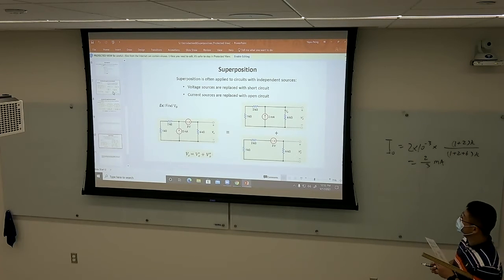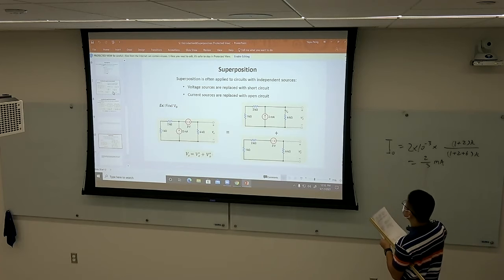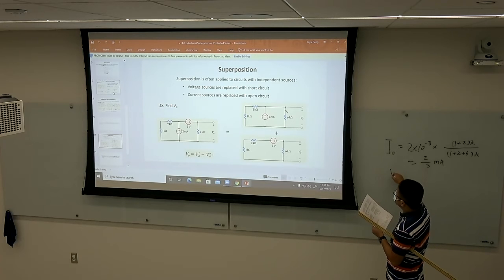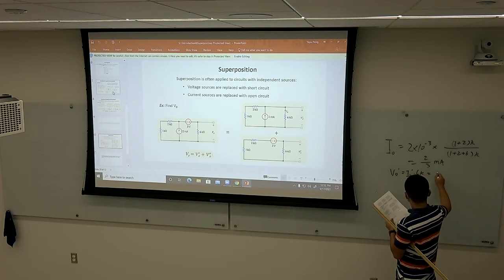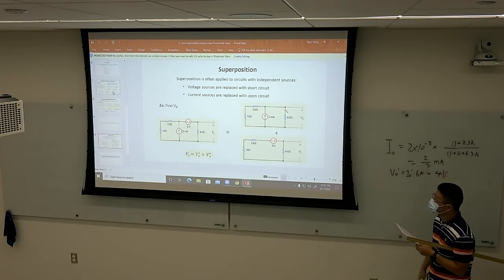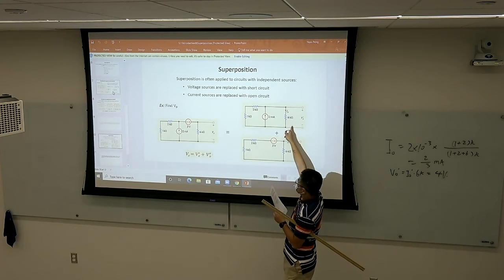The current division will obtain the I0. And then VO prime equals I0 prime times the resistance, so this equals 4 volts. This is for the first circuit.